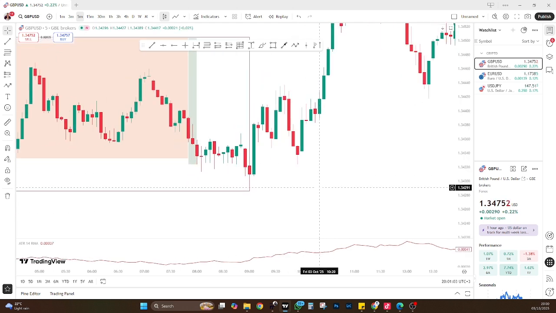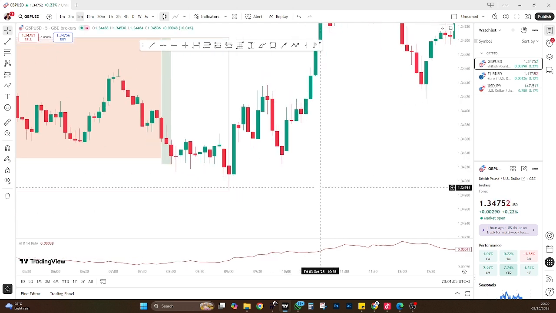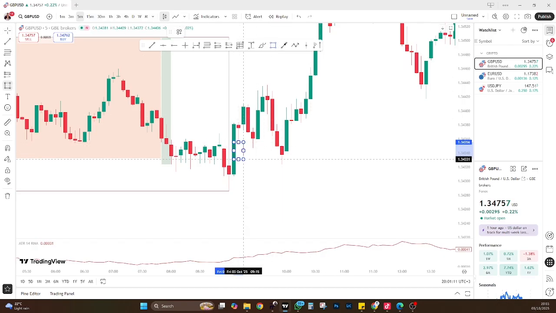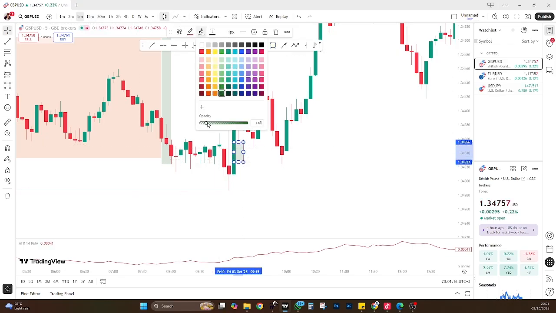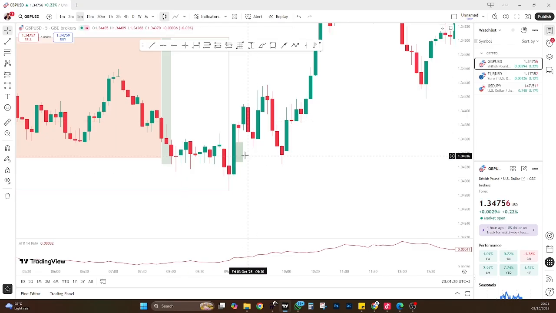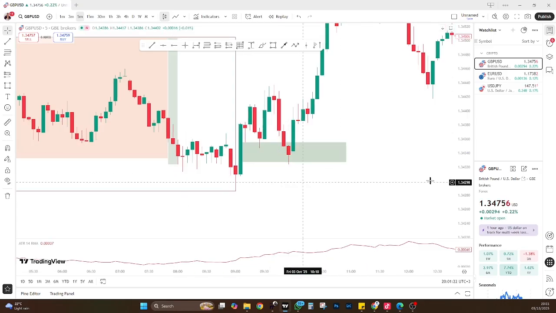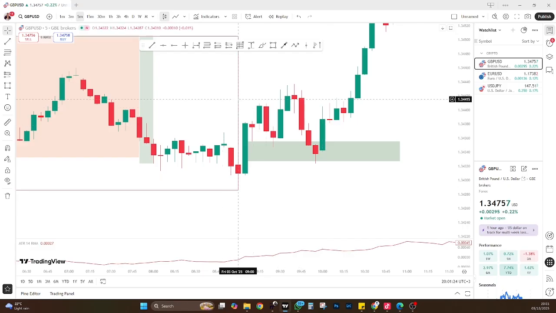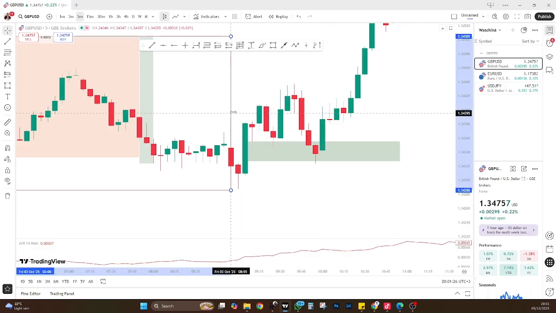Which order block? At least by now we know what order blocks are. We looked at these things yesterday. If you look at this, this is FVG. Can you see that? If you remember my advice yesterday, I said don't trade FVG.